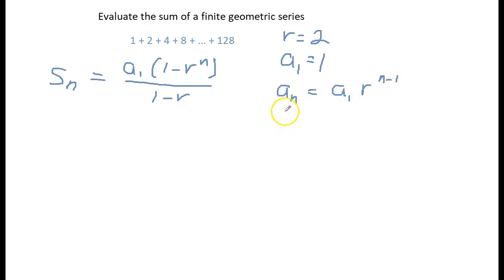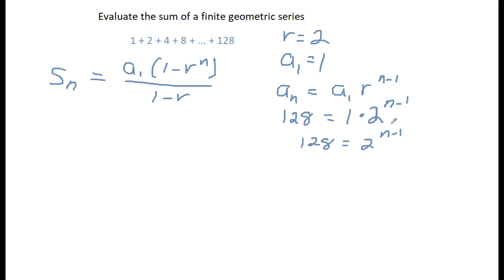So a sub n is 128 equals a sub 1, which is 1, times r, which is 2, to the n minus 1 power. Well, 1 times anything's itself, but if this were another number, we would divide by this number. So if I divided by 1, 128 divided by 1 is still 128 equals 2 to the n minus 1 power.